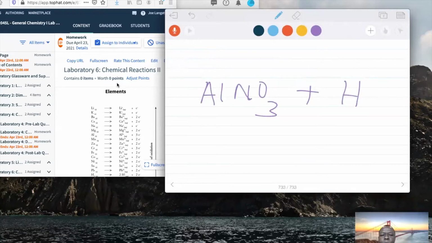That's a good question, and that is my next item I'm going to cover right now, writing the net ionic equation. To answer your question, I'll use an example to show you how to derive the net ionic equation.